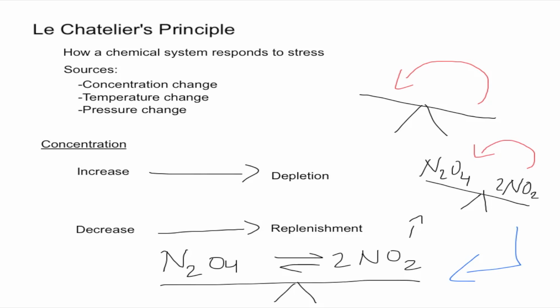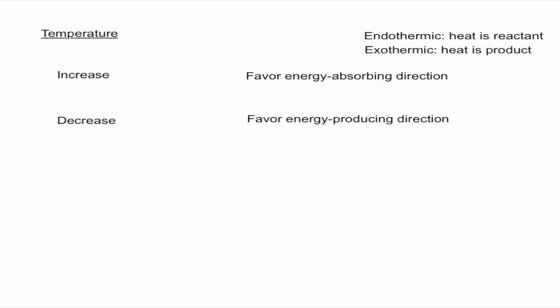Now let's go to temperature. Like I said before, all three sources follow the same logic. Always think of the balance. However, when we're talking about temperature, we have two different cases. The reaction could be endothermic or exothermic. When we have an endothermic reaction, heat is part of the reaction.